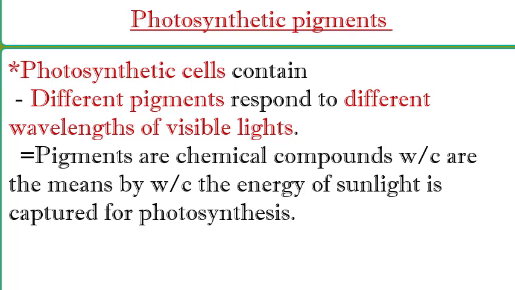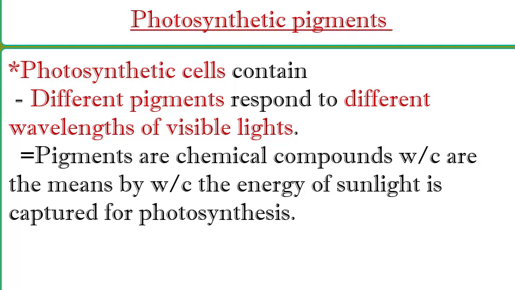Photosynthetic pigments. Photosynthetic cells contain different pigments that respond to different wavelengths of visible light. These pigments are chemical compounds which reflect only certain wavelengths of visible light. This makes them appear colorful. Flowers, corals, and even animal skins contain pigments which give them their particular colors.